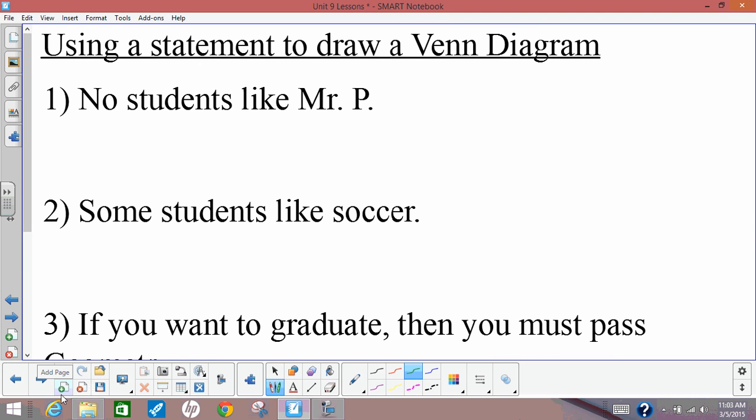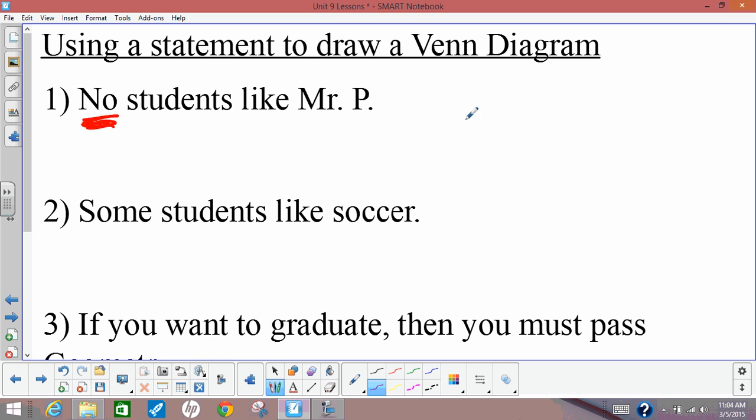Another thing we can do with Venn diagrams is we can take a statement, we can take some information, and we can draw a Venn diagram to represent that. So I always like to use this one. I hope that's not true. No students like Mr. P. So the two groups we have here are students and people who like Mr. P. If we have the word no, that means our two groups are not going to overlap at all.